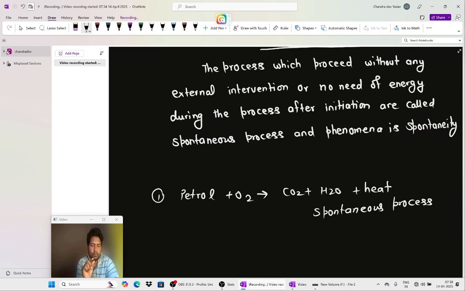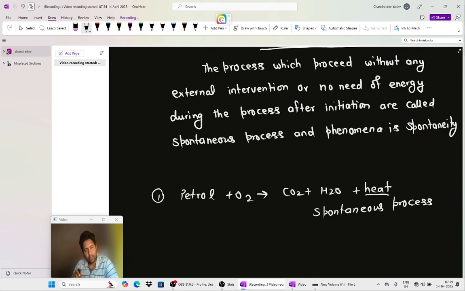Because combustion of petrol requires a small amount of fire for initiation of the reaction, but during the reaction, no need of fire. The first molecule of petrol burns by the small amount of fire, then the next molecule burns by the help of released heat during the combustion.